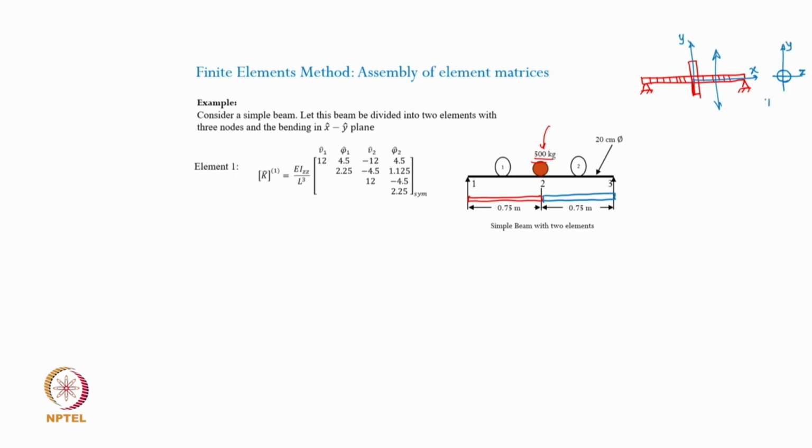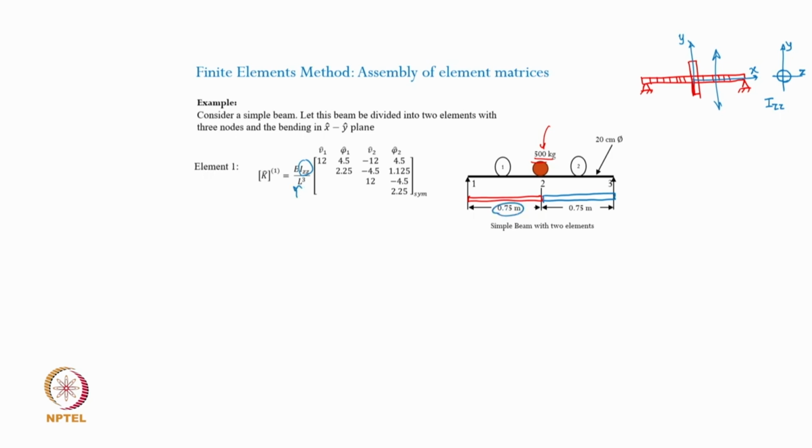So, IZZ represents the area moment of inertia of the beam about the z axis, and that is what will appear here. The elastic modulus will be based on the material of the shaft, and length L will be the length of the finite element.